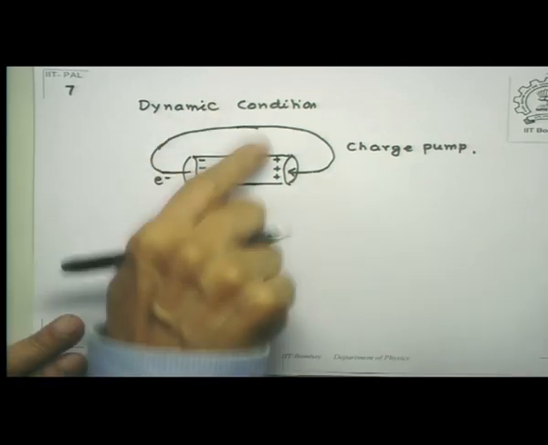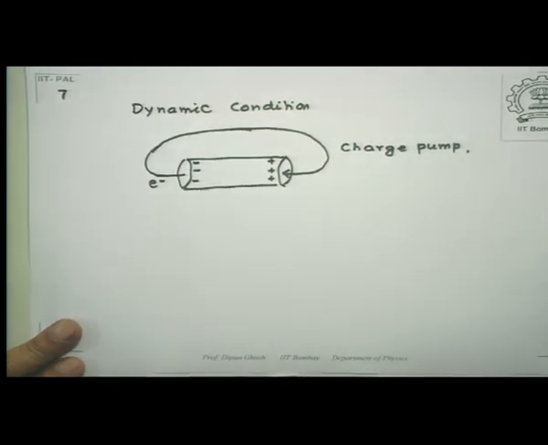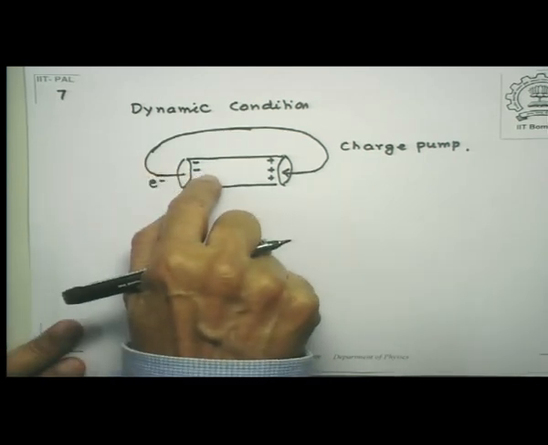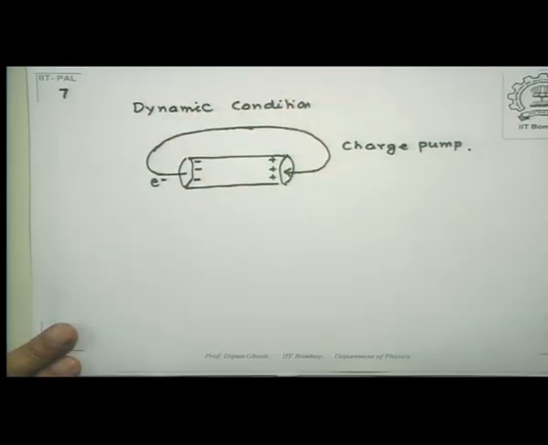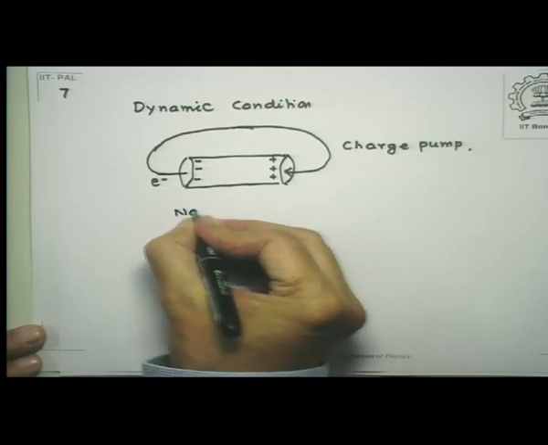How we do it, I have not given in this picture, but you might have realized that what we do is to join it by a battery and things like that. But this charge pump removes the electrons almost as soon as they arrive here and then feeds it there. So, this has the effect that no internal electric field will be created.